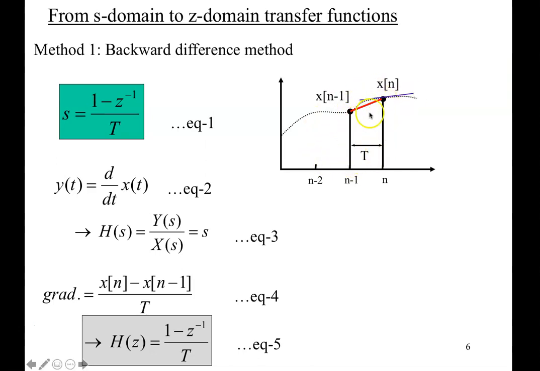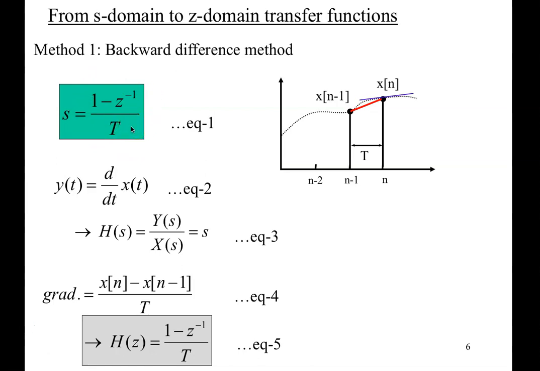On this graph, I use a fairly large T because I want to illustrate the point, but it is the approximation of that slope to represent the slope in continuous time that gives us this relationship between s and z minus 1.